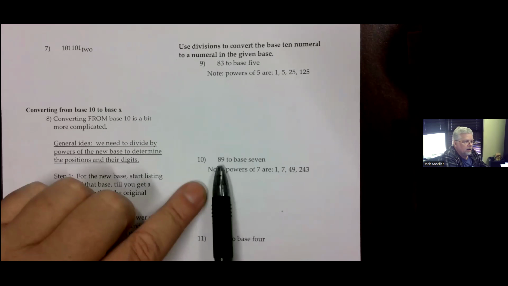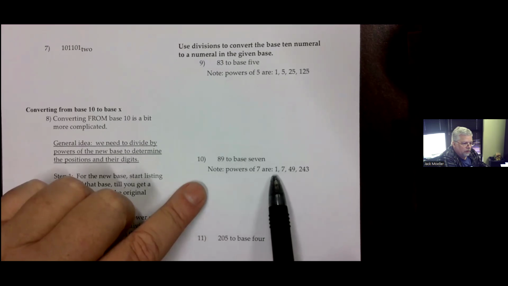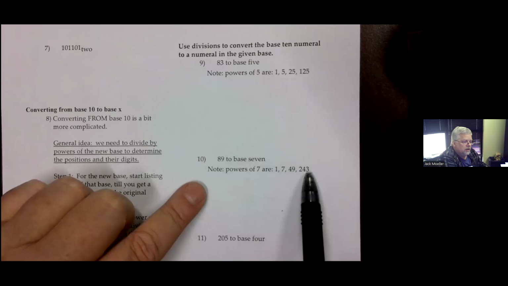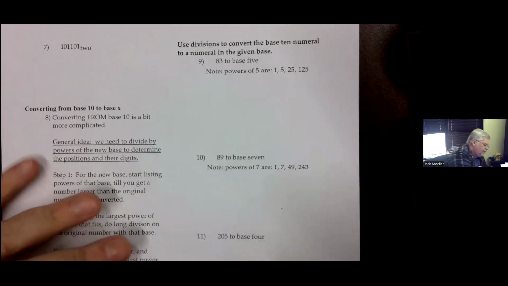Same there with 89. When we're going to convert 89 to base 7, we need powers of 7. The first power is always 1, because 7 to the 0 is 1. Then 7 to the first is 7. 7 squared is 49. 7 cubed is 243. Wait, is that 243 or 343? Oh, 343.